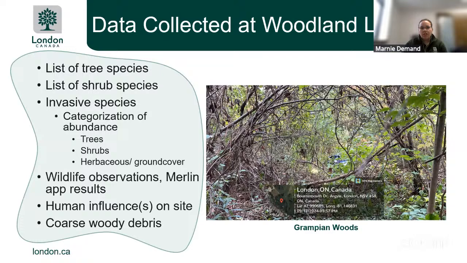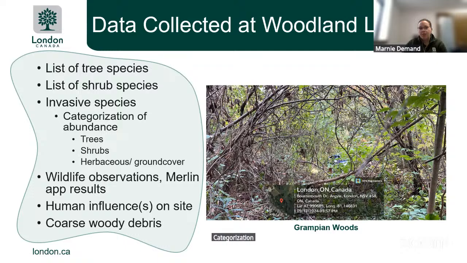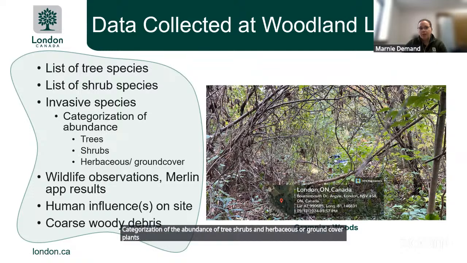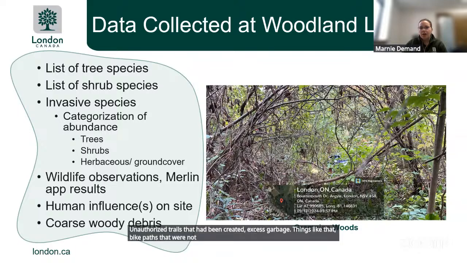At the woodland level, we collected qualitative data only. So that would be a list of the tree species and shrub species present, categorization of the abundance of trees, shrubs, and herbaceous or ground cover plants that were invasive, as well as any wildlife observed, and human influences on the site, for example, unauthorized trails that had been created, excess garbage, bike paths that were not supposed to be there.